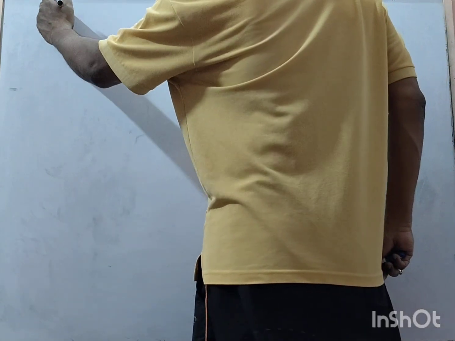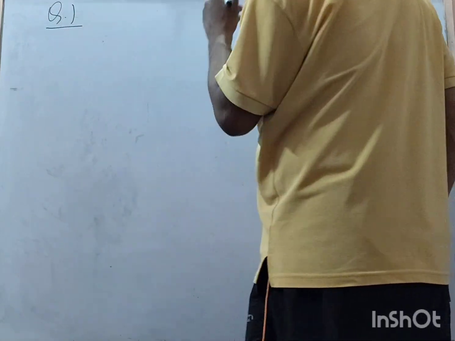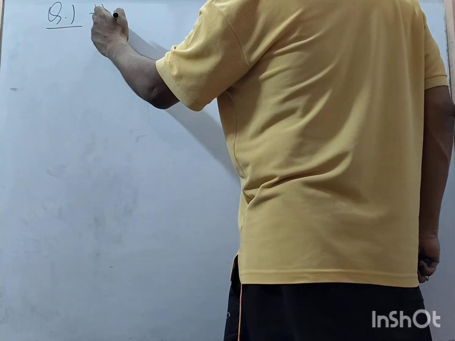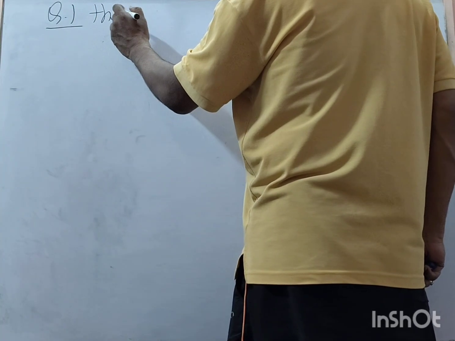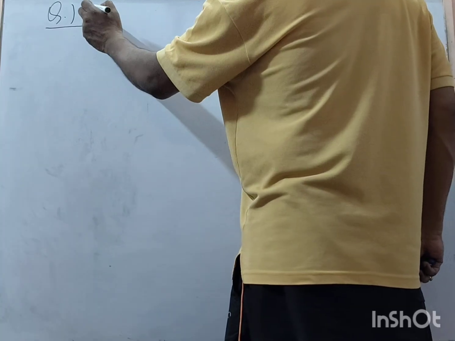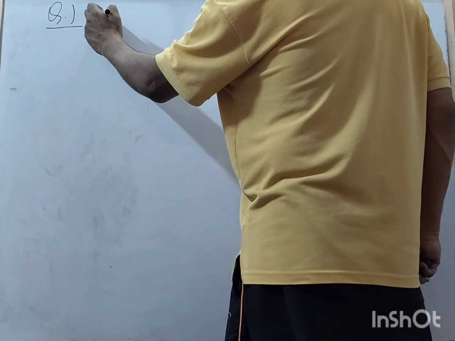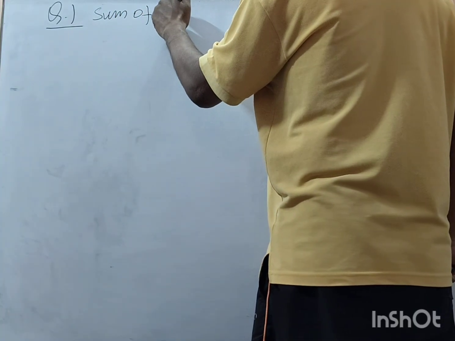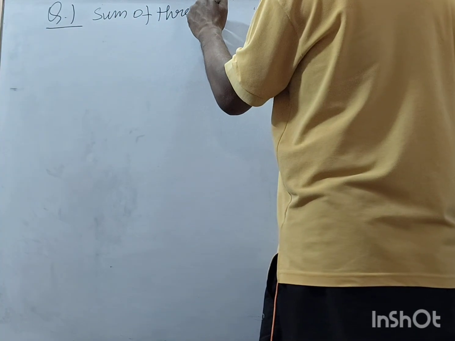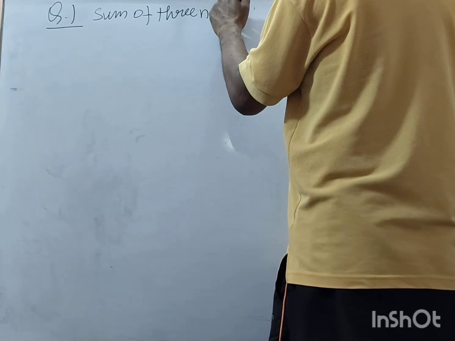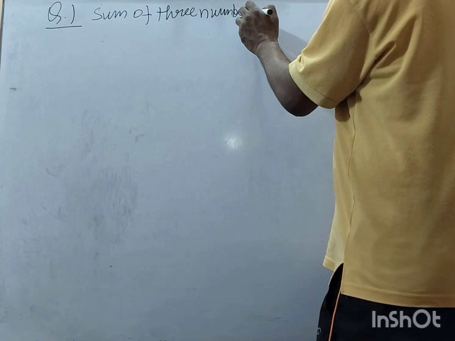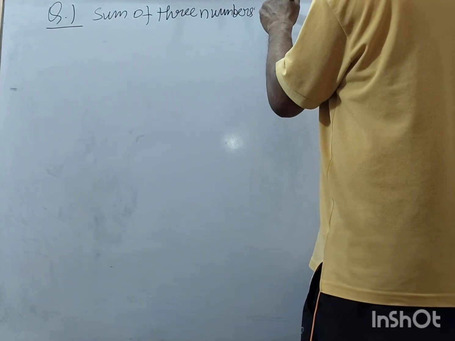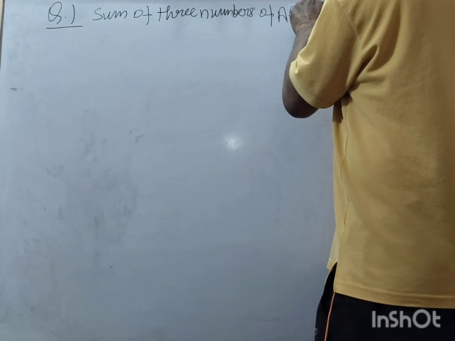Question number 1, 3. The sum of three numbers of an AP is equal to 21.